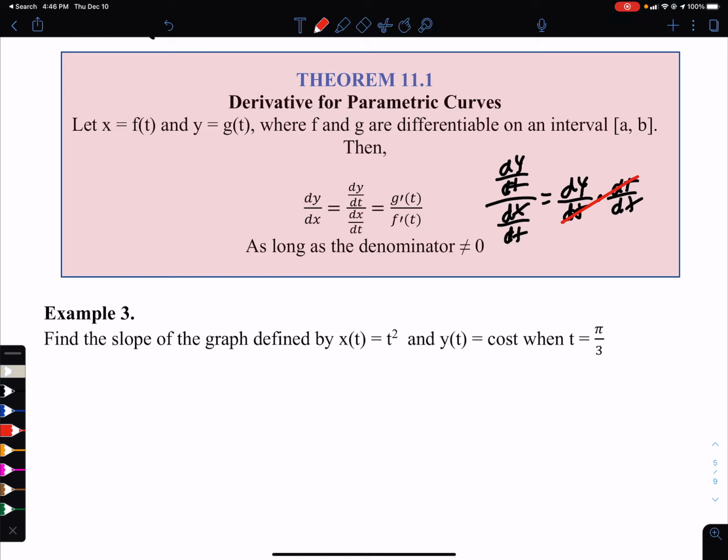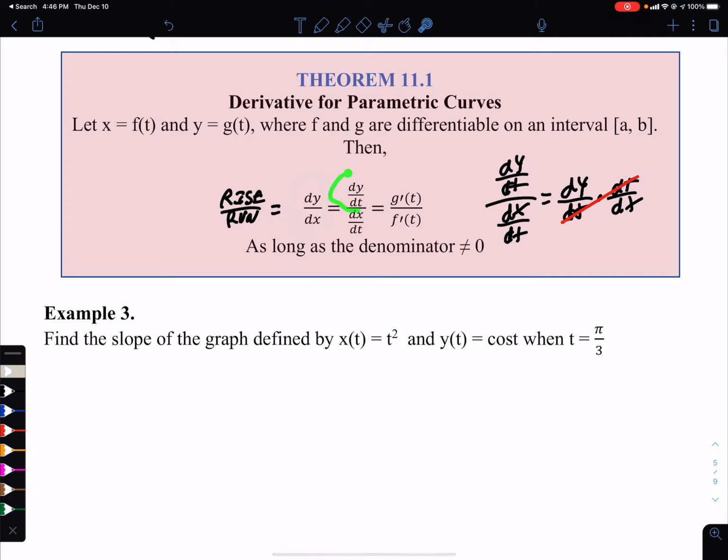So this is important because what does this tell you? What is dy dx? That's the change in y over change in x, which is technically rise over run. And you know that this gives you the slope of the tangent line. dy dx is the slope of the tangent line.